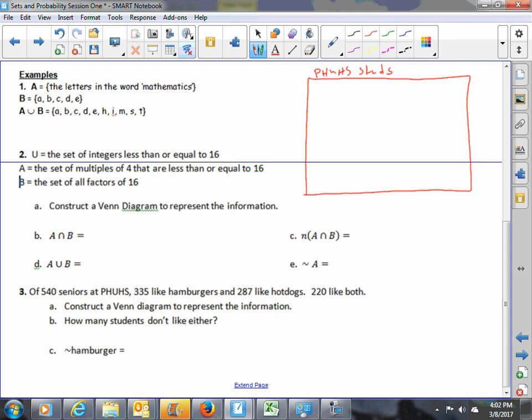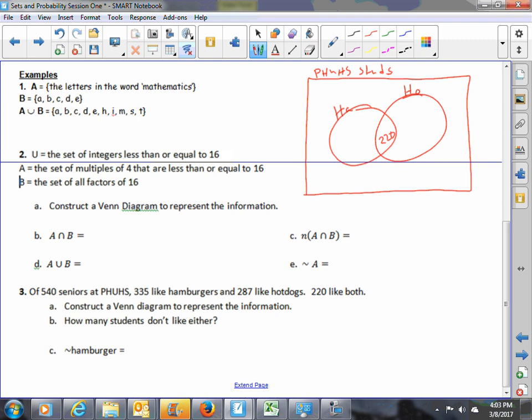And we've got those that like hamburgers, we'll call that the set HA, and the students that like hot dogs, we'll call that HO. Now, to build this, this time we're just going to be counting how many students are in each of these sets. Since there's 220 that like both, that's 220 goes in here.